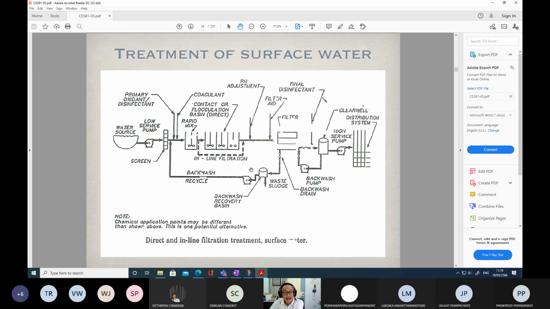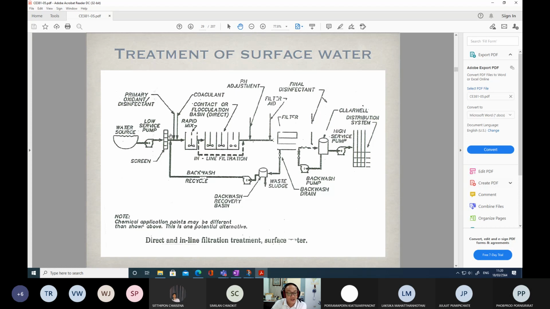For the surface water, this flow diagram is basically the same as the previous one, just in a different format. From the water resources, pumps are used.